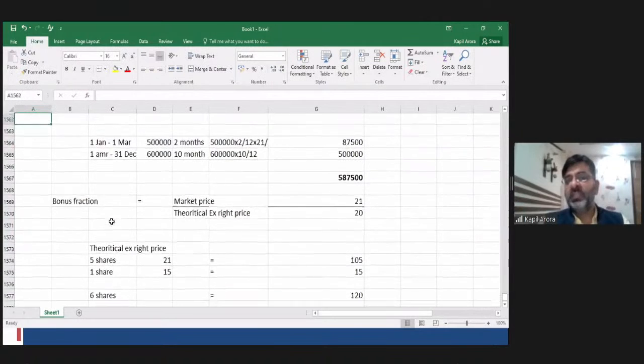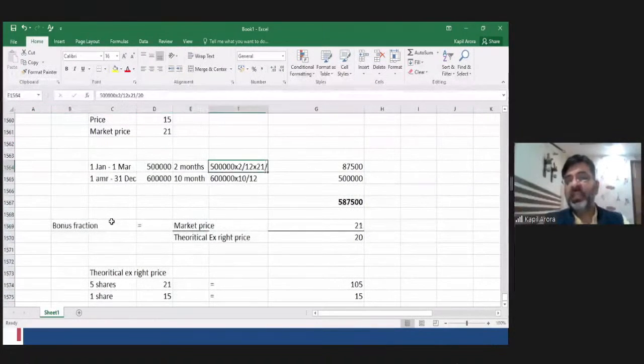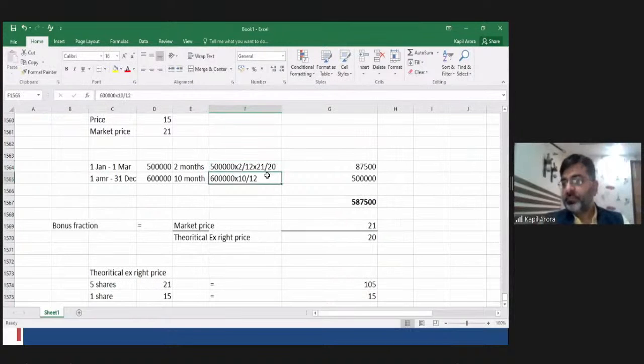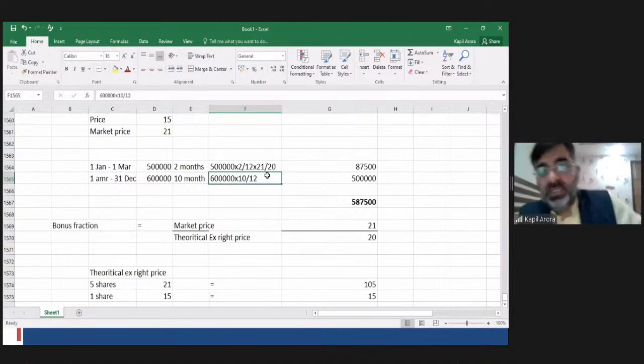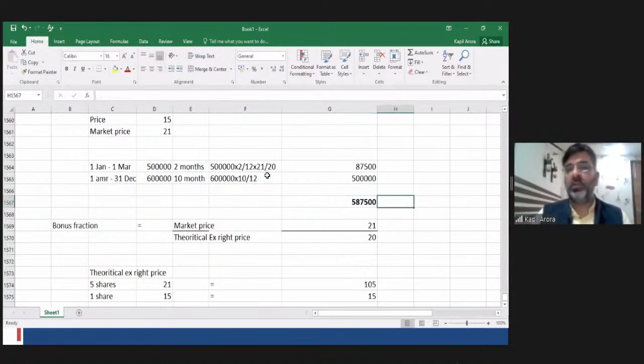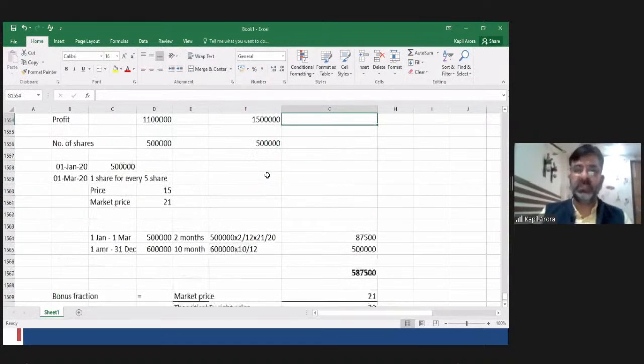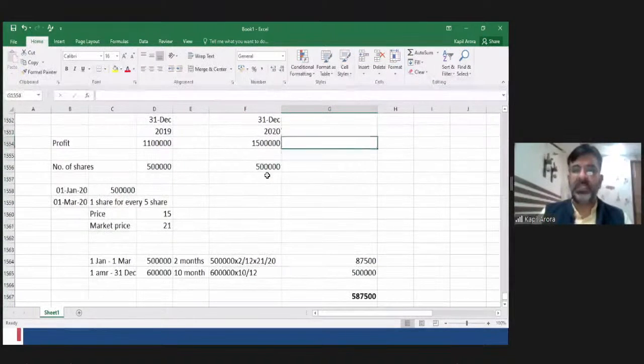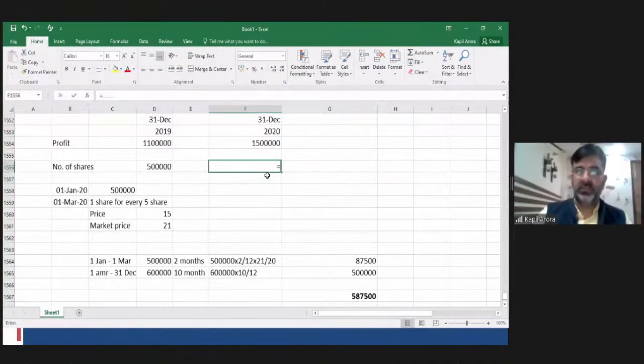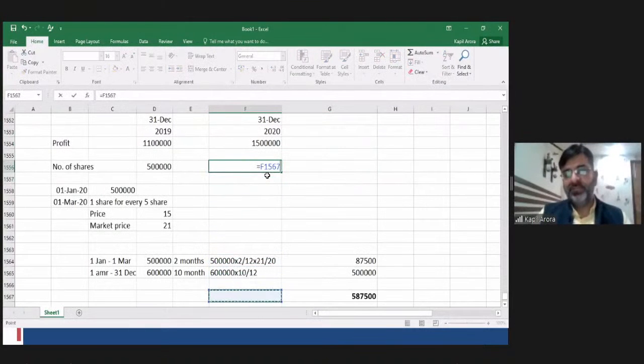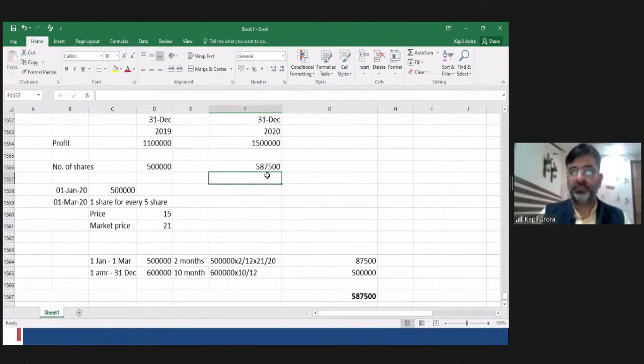This bonus fraction gets multiplied with the transaction before the bonus issue has happened, the same way as we have done in the earlier case. By doing this, I got my weighted average number of shares. So the weighted average number of shares for this year would be 5,87,500.